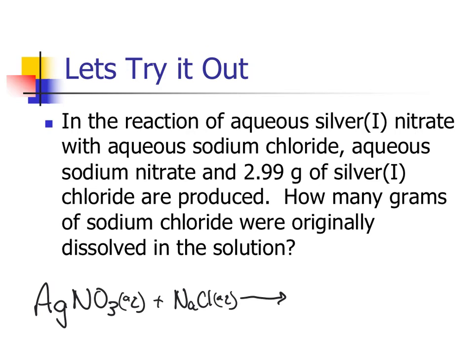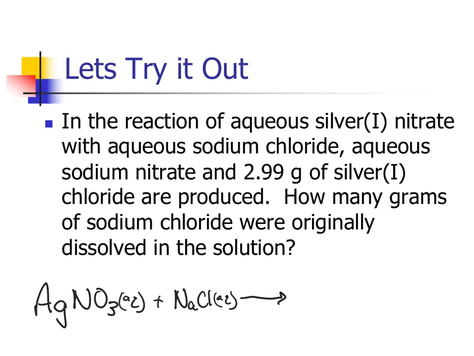Chlorine, -1, group 7. All of them have -1. We're good. So this one's also going to be a nice one. Why? Because it's going to be 1 to 1. If all the charges are 1s, positives or negatives, you're not going to have something crazy happen on the back end of this.